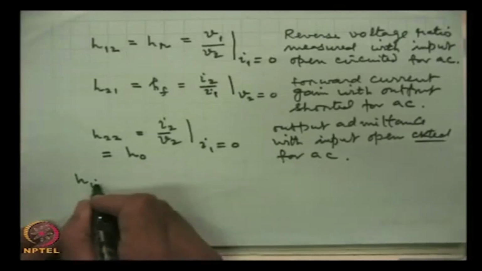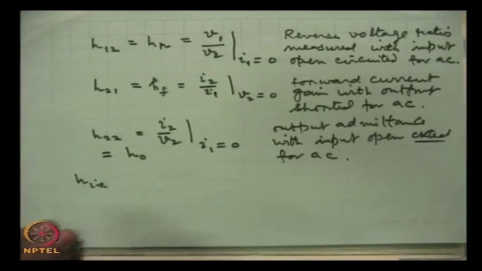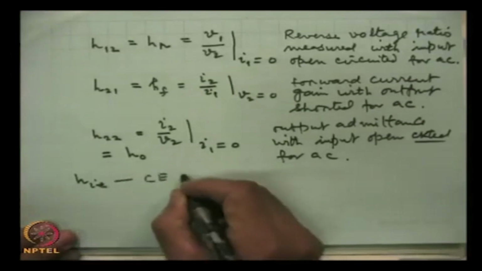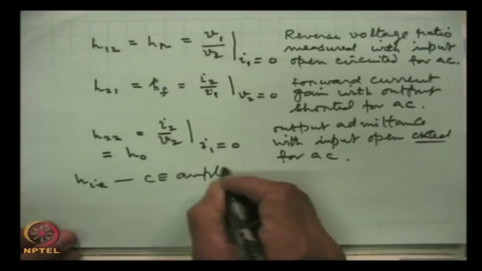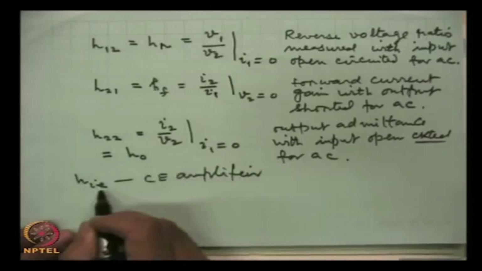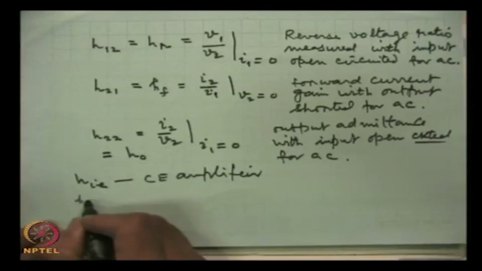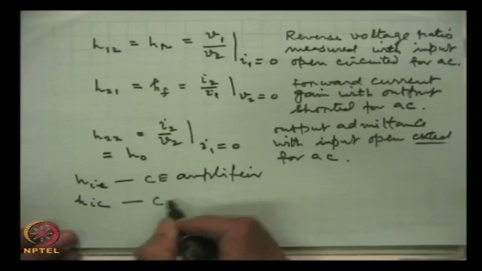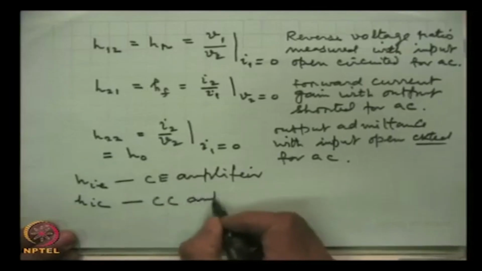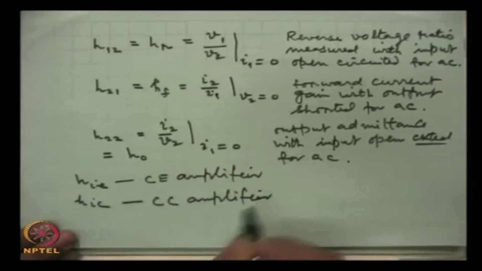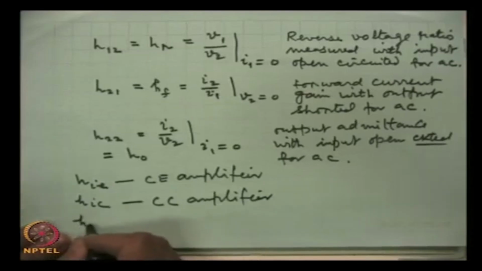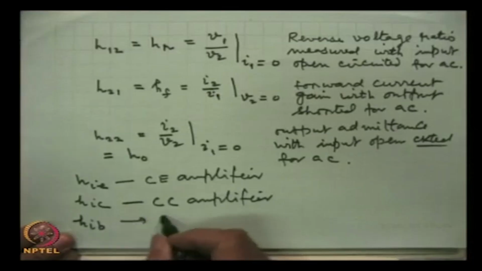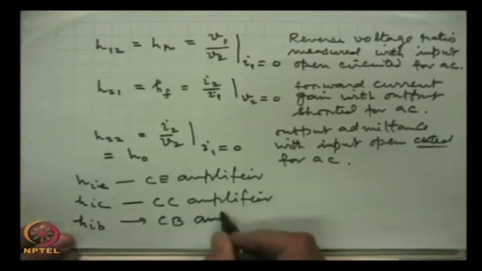Here, small e, HIE, means that this quantity is for the CE circuit amplifier, and if we write HIC, this is for the common collector amplifier, and similarly HIB is for the common base amplifier.